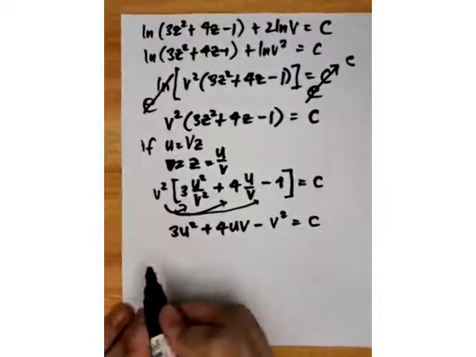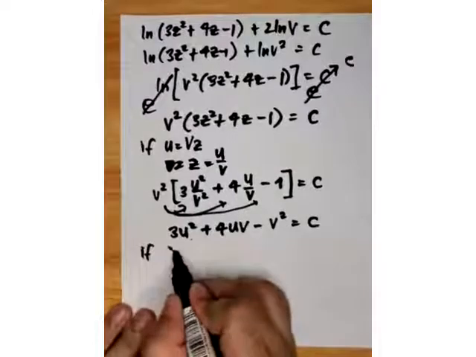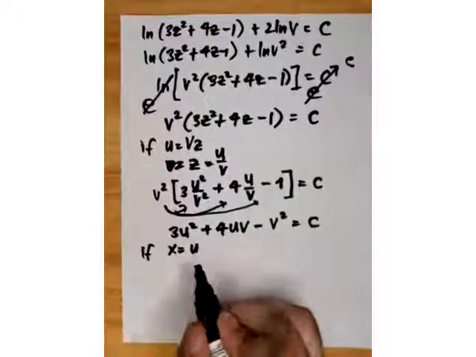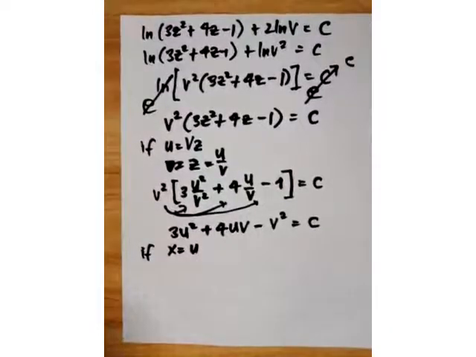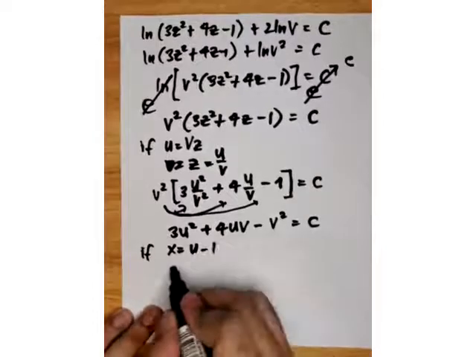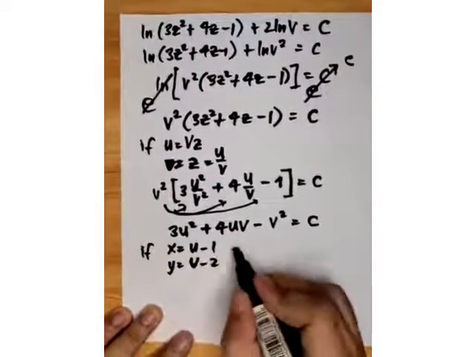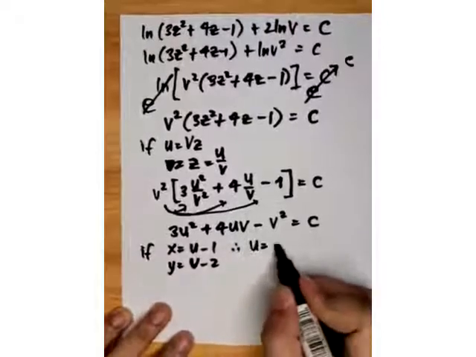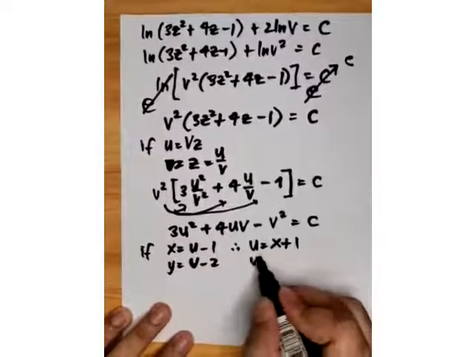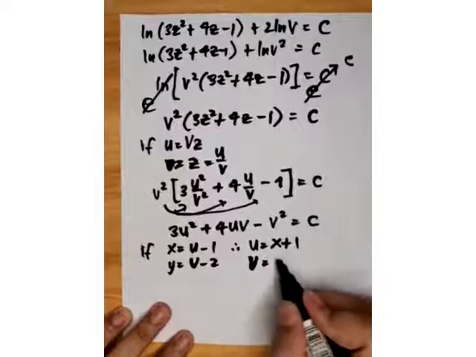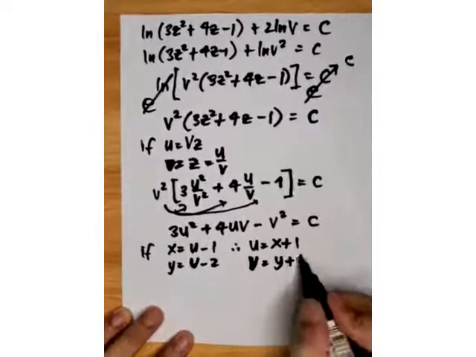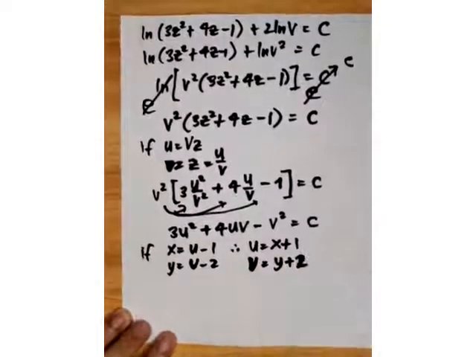Ayan. Next. So if x is equal to u minus 1 and y is v minus 2, so therefore, u is equal to x plus 1 and v is equal to y plus 2.